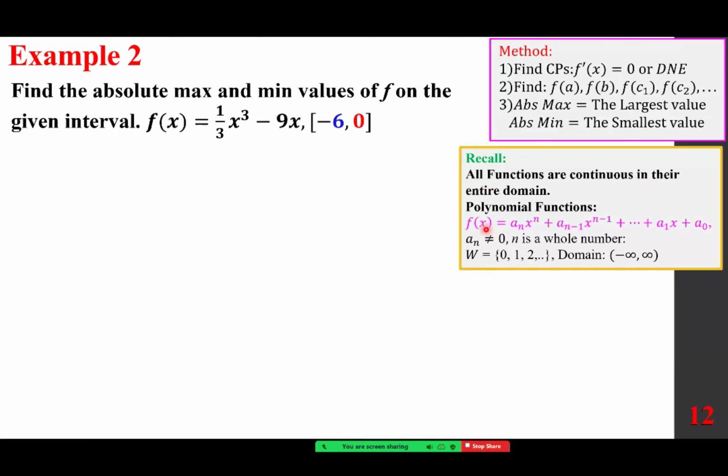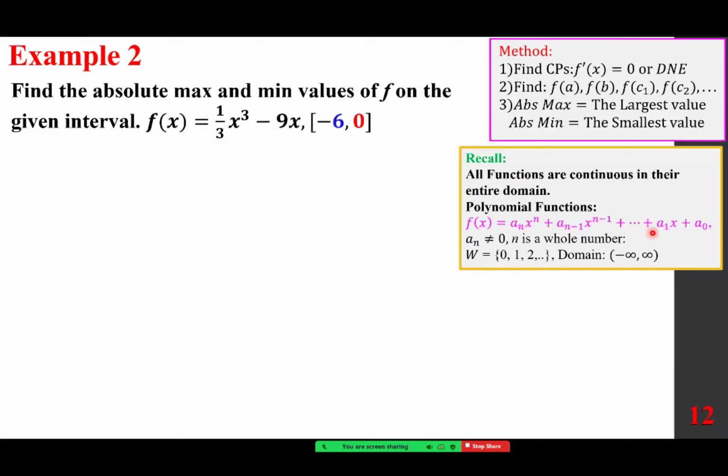Polynomials in general are in the form of a sub n x to the power n plus a sub n minus 1 x to the power n minus 1, plus that plus a sub 1 x plus a sub 0. This is the leading term. This is the leading coefficient. And these are the exponents. A sub n, the leading coefficient, can't be 0. n, which is the degree, is a whole number, and all of those are whole numbers.